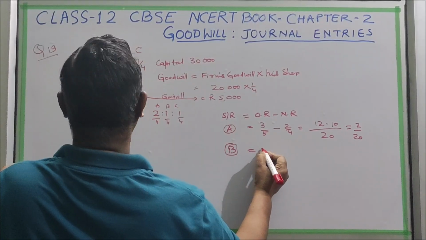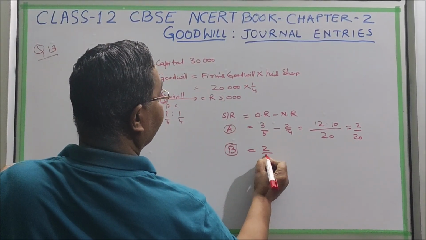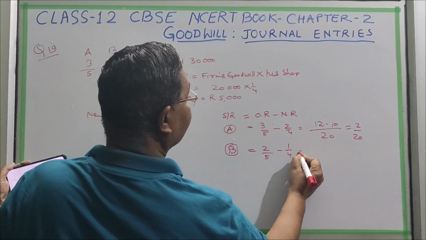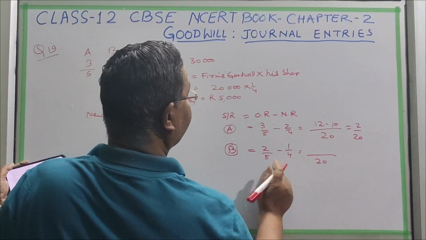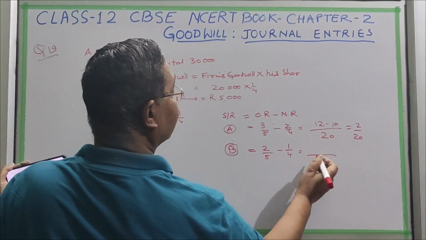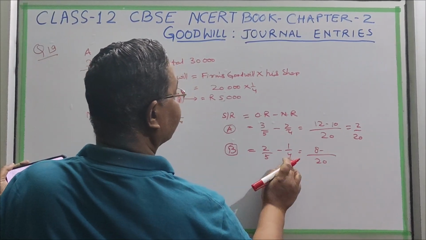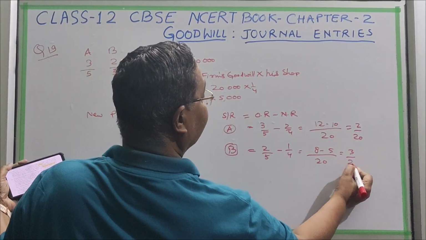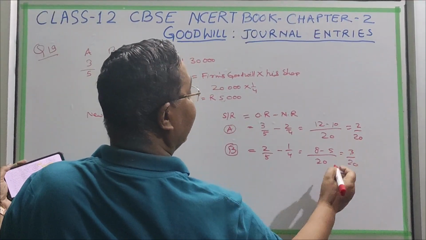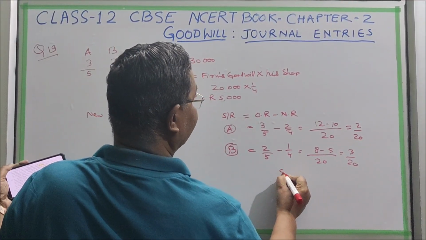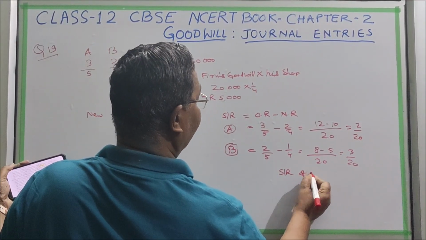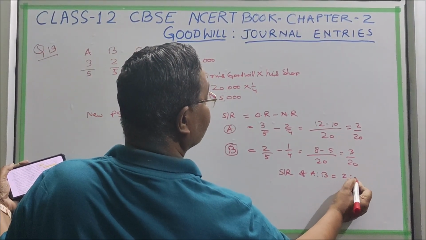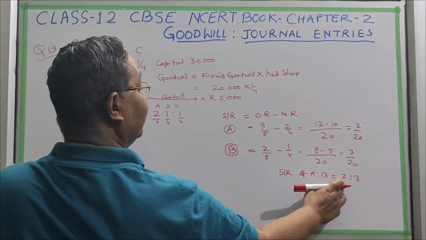His old share was 2/5 minus new share 1/4. 2 times 4 is 8 minus 5 is 3, so 3/20. We leave the 20, and their sacrifice ratio of A to B is 2:3. So goodwill will be divided in this ratio.